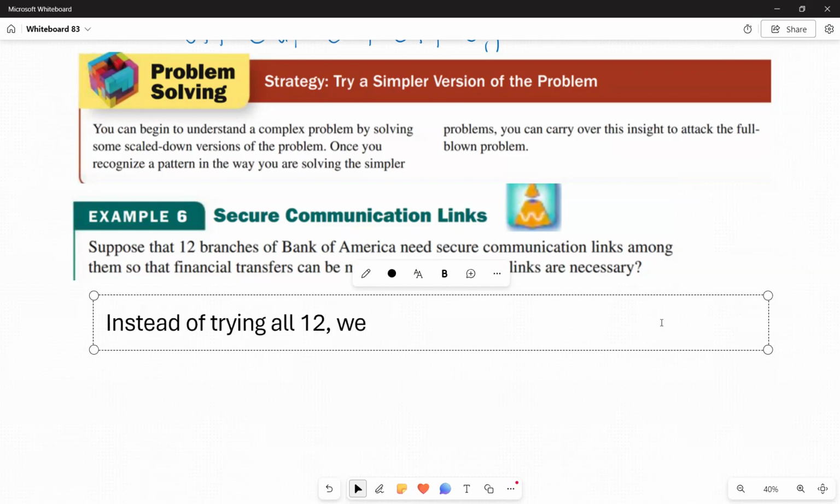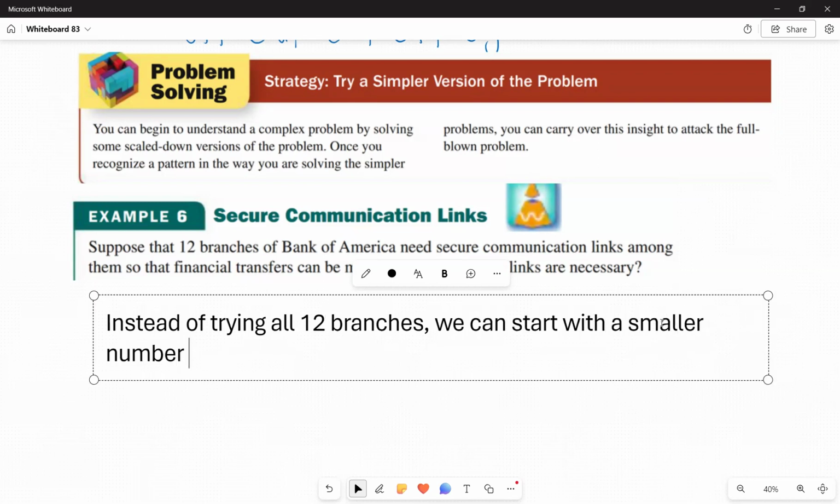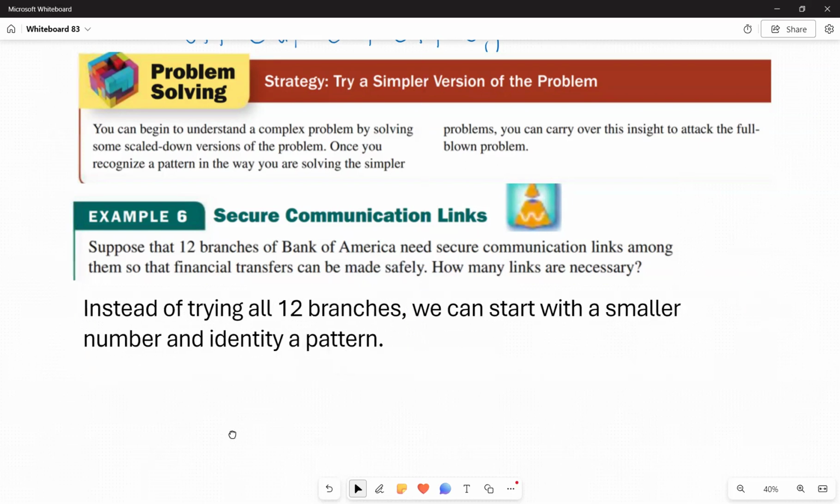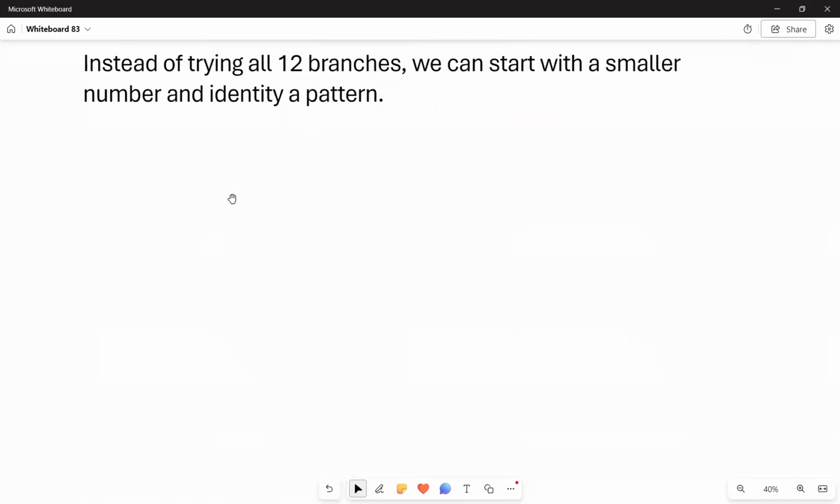We can start with a smaller number and identify a pattern. So this is what we're going to do. We're going to make a table, and we're going to start with one branch.